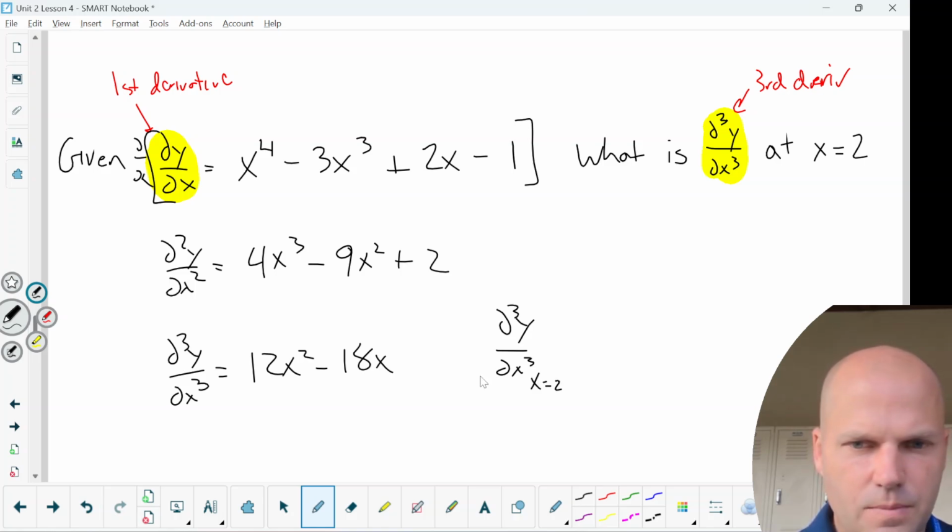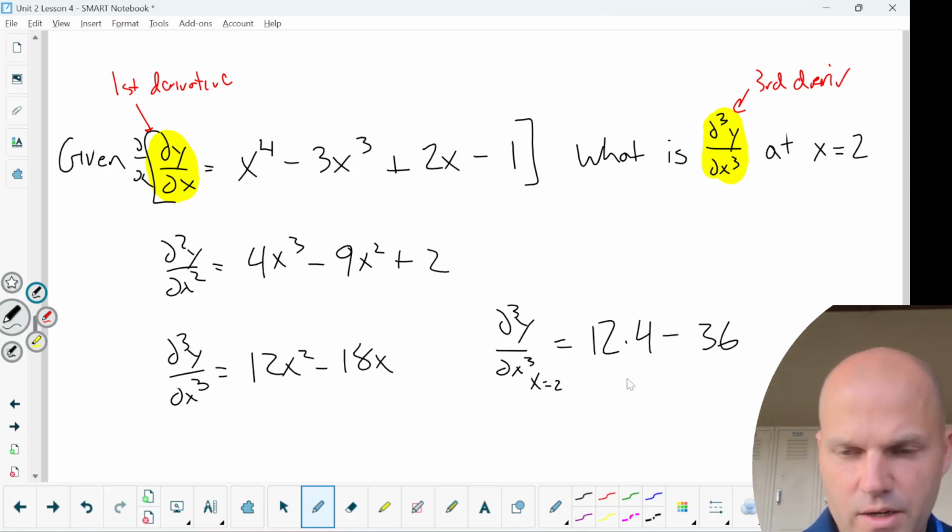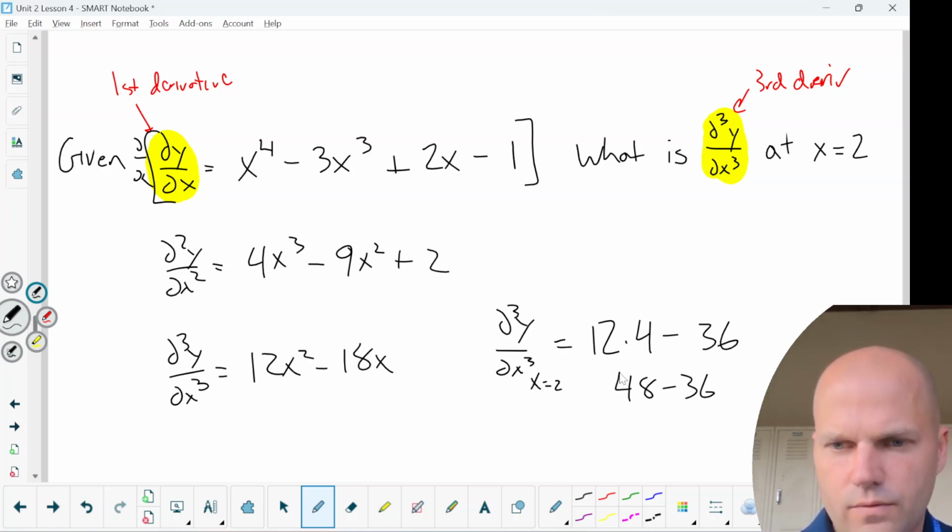If you use this notation, typically we write like x equals 2 on the bottom. We don't really put the parentheses there. So we got 12 times 4 minus 36. So 48 minus 36 is 12. So that is the slopes of the slopes of the slopes at 2.